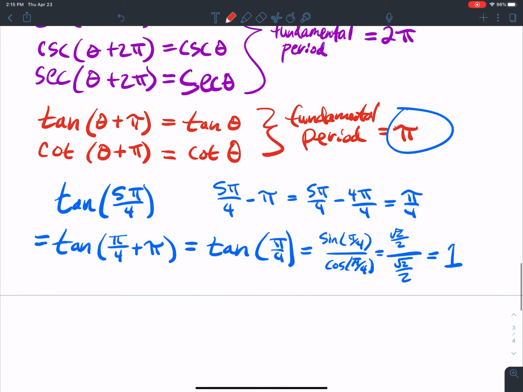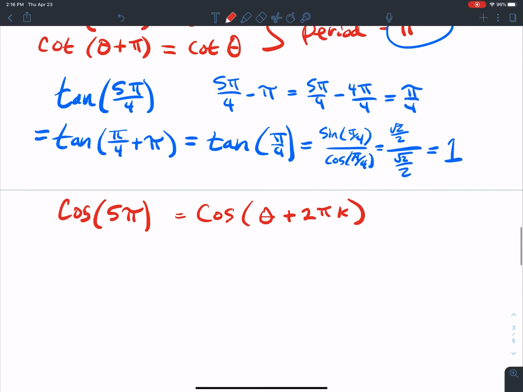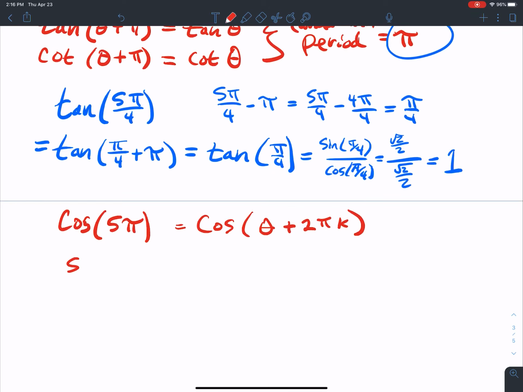So let's do the cosine of 5 pi. Now, I need to rewrite this as the cosine of some angle plus 2 pi k. So if I take 5 pi and I subtract 2 pi, what do I get?